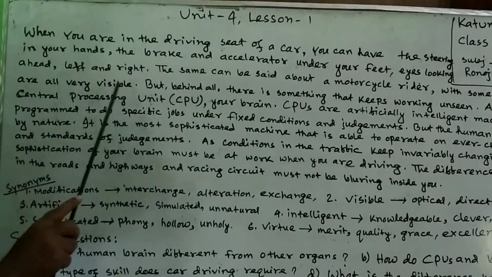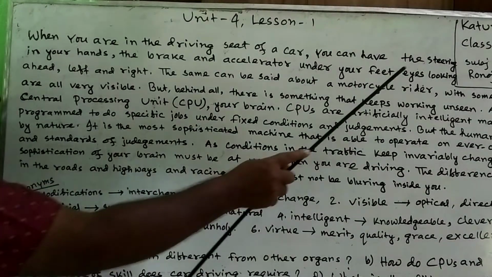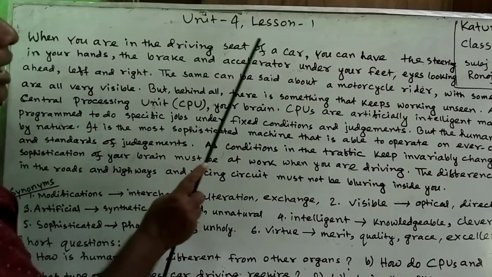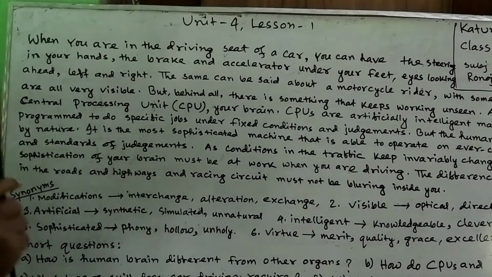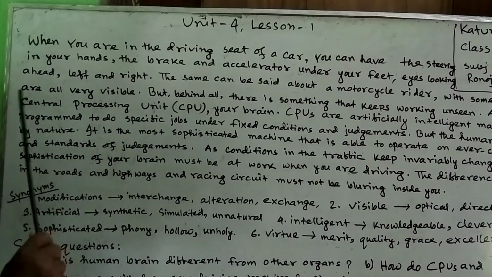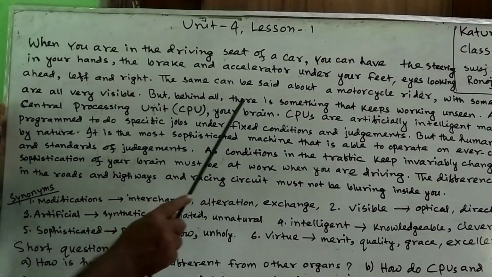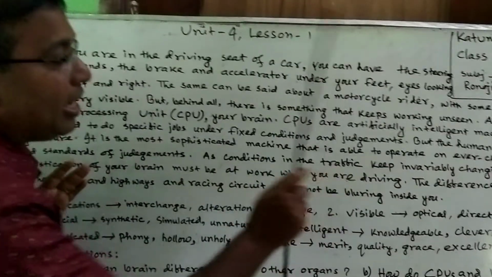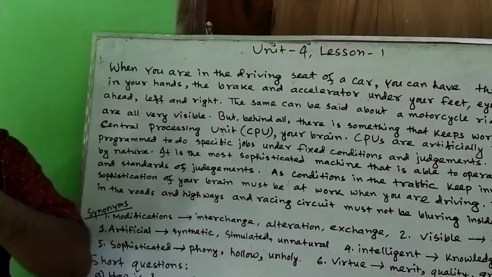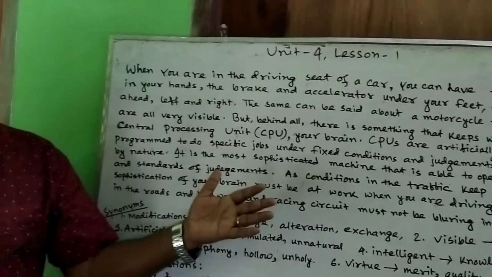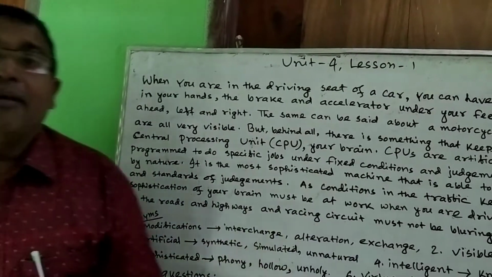All these components, like steering, brake, accelerator, are very visible, but behind all there is something that keeps working unseen. All these things are not totally what enable a driver to drive a vehicle.